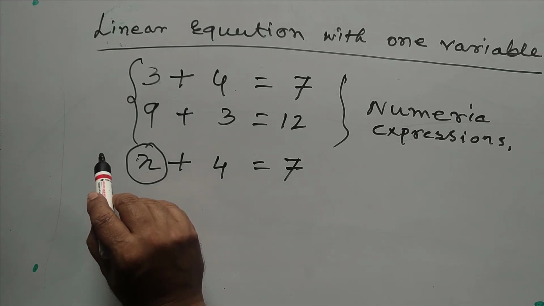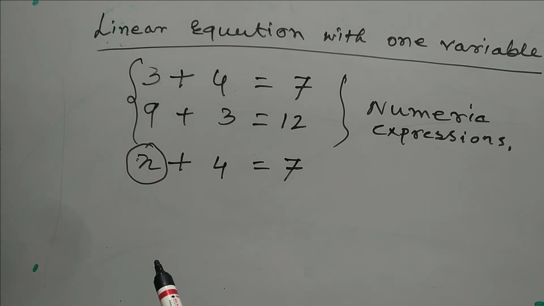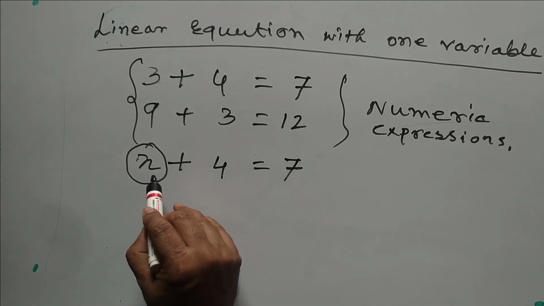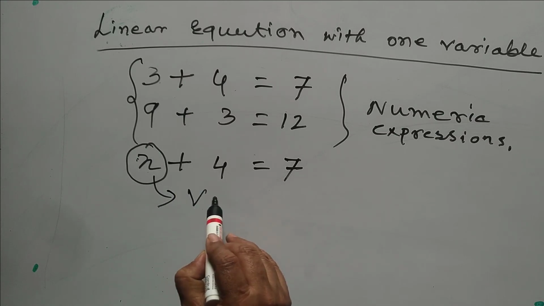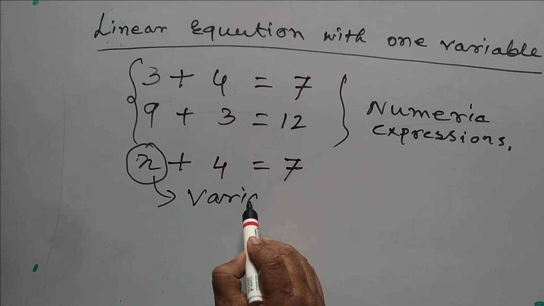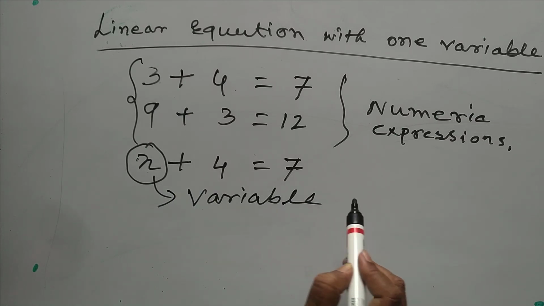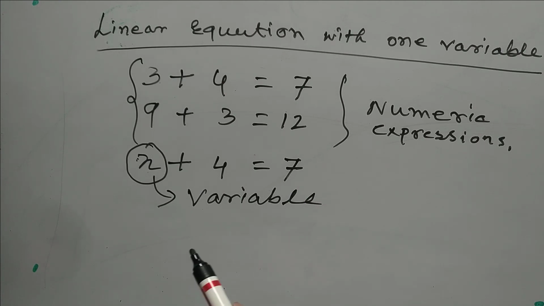So it is an algebraic equation, and this x is called a variable. What is a variable? A variable can store a value, or its value changes. That is why it is called a variable.